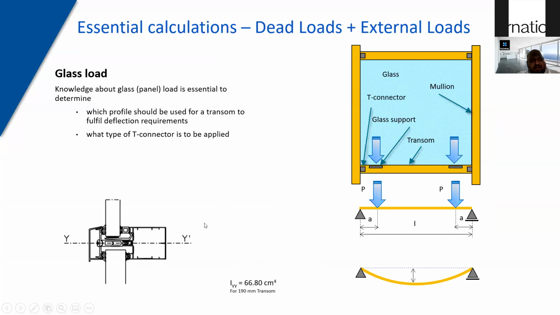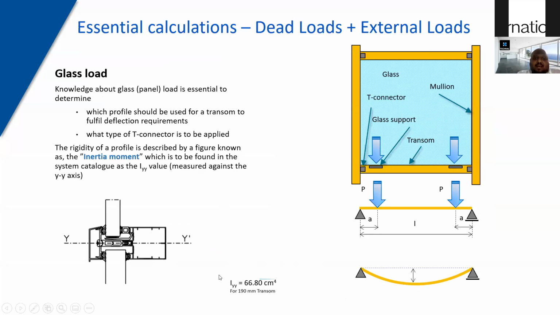So like your inertia along the x-axis, you have inertia along the y-axis. Again, there are great opportunities for architects to reduce the transom depth, because the transom depth is based on the glass load and any kind of external dead load. If you would like to have, let's say, a 180 mm mullion vertically and a 120 mm transom, it is possible.